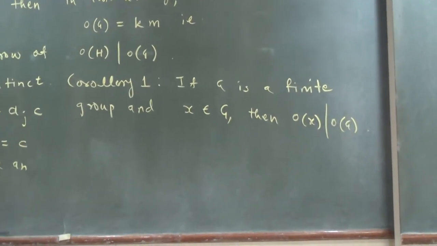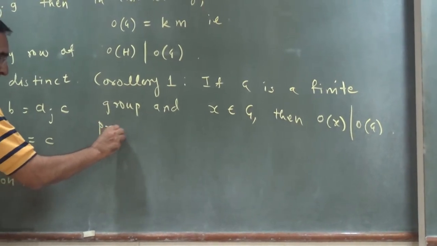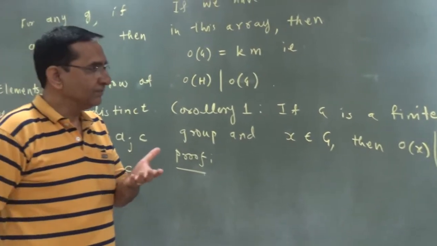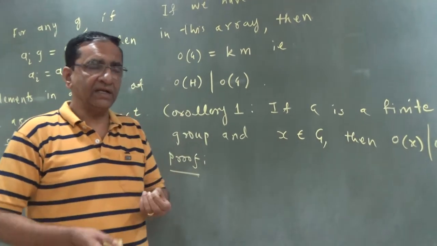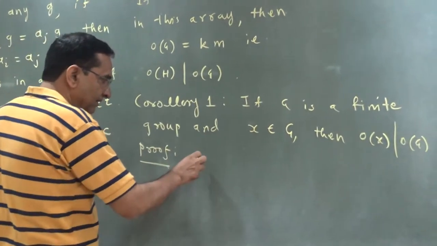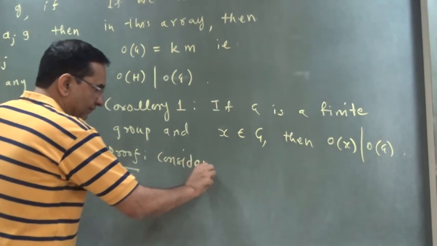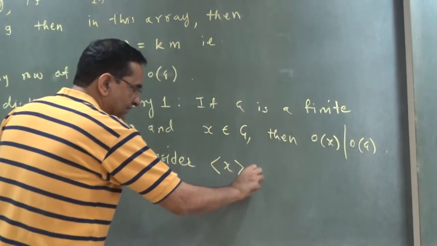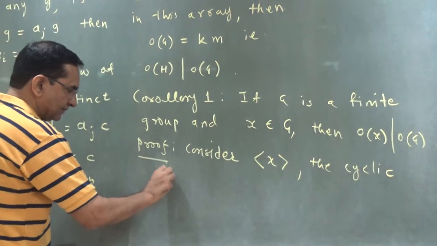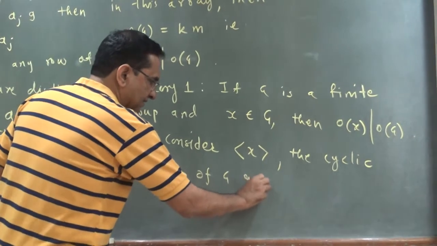So that number must be a divisor of the order of G, and the proof is very simple, because you must have come across cyclic subgroups of G. You can take any element of G and generate a subgroup by that element. So I take x and consider the cyclic subgroup of G generated by x.